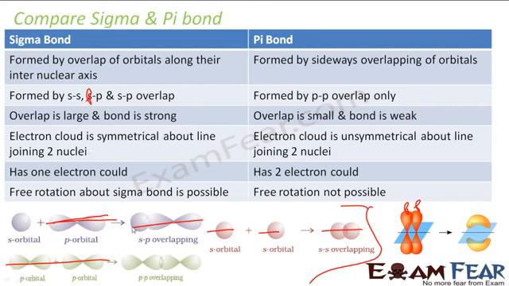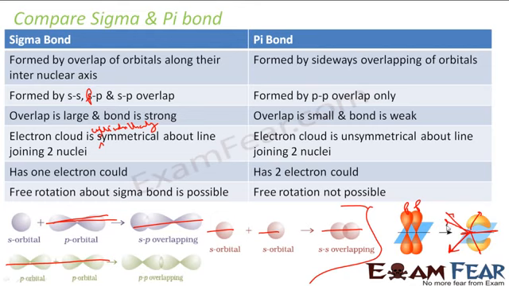In this case, the electron cloud is symmetrical about the line joining the two nuclei. This electron cloud is cylindrically symmetrical actually. And in the pi bond, the electron cloud is not symmetrical about this line.